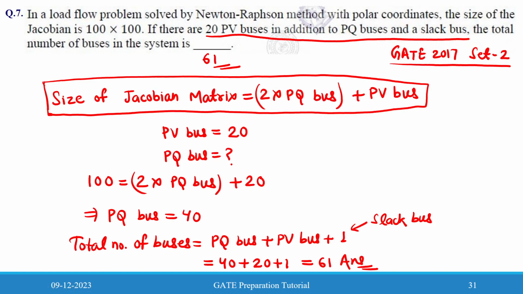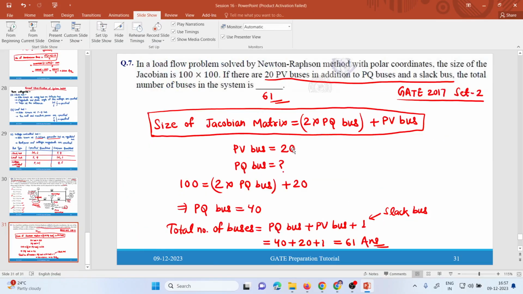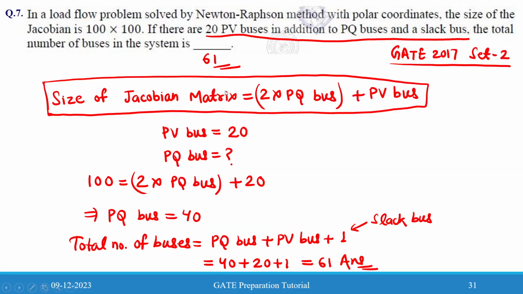Now this is my last question, and it was asked in GATE 2017 set 2. Here we will see this in Newton Raphson. Today is session 16, so we will see Newton Raphson in session 18, and in the next class we will see the Gauss Seidel load flow method.